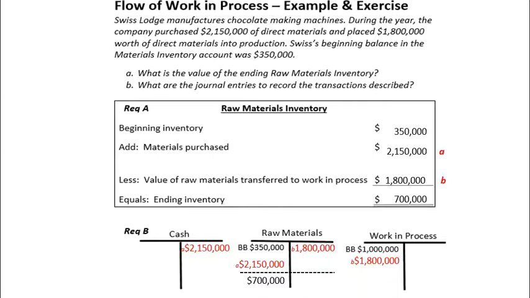So at this point, when we add our debits and credits up, we have a balance in our raw materials account of $700,000, which, by the way, corresponds to the ending inventory that we computed in our raw materials inventory formula. So now we've completed everything for the raw materials transactions. Let's go on to the next slide and see the description and the requirements in that part of the story problem.